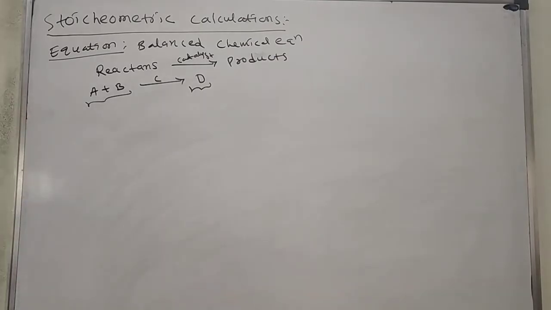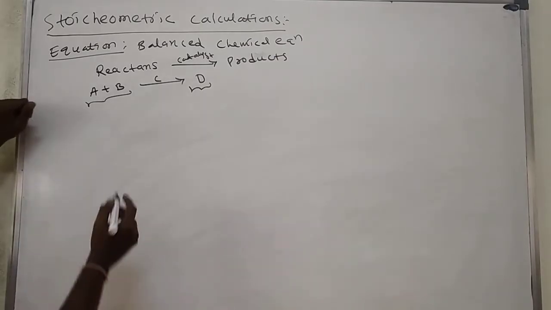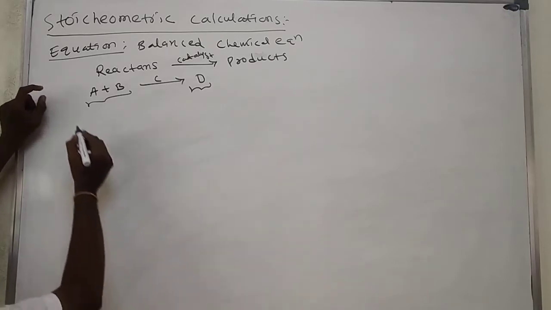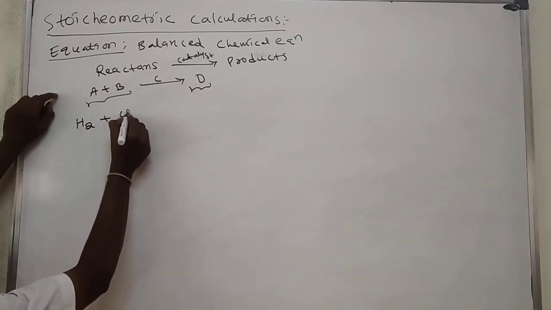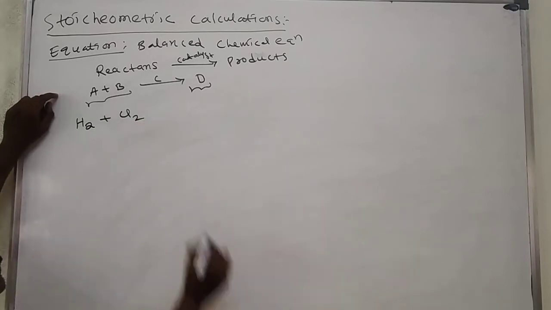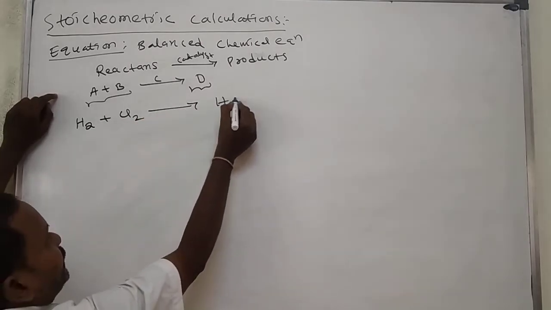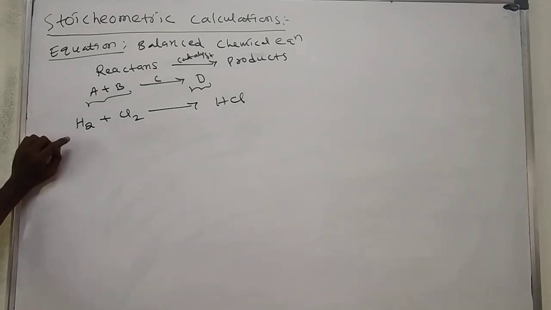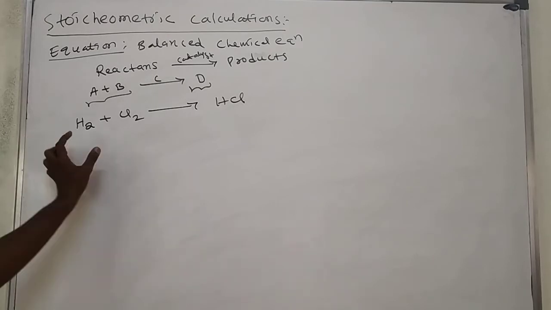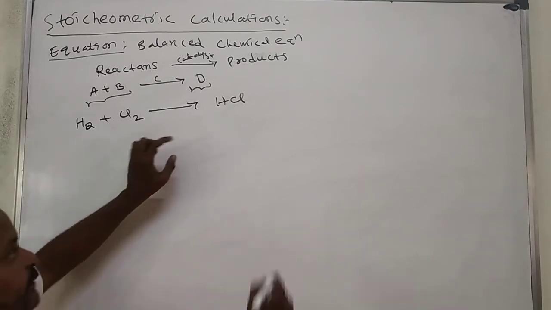What is the meaning of balanced chemical equation? Suppose, for example, H2 reacts with Cl2 and forms HCl. Is it a balanced reaction? No. Why not? What is the meaning of a balanced equation?